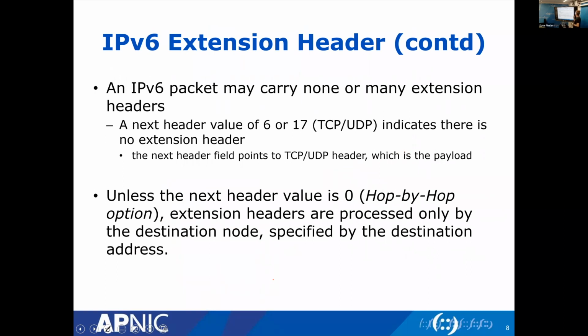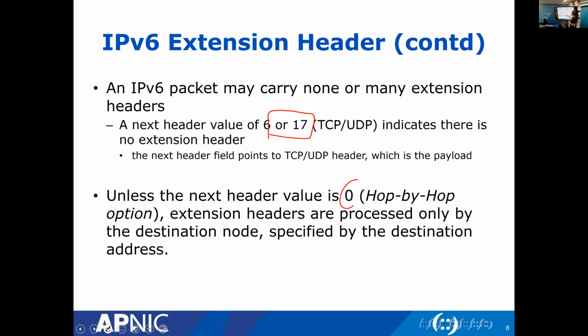So this is an important bit to know. An IPv6 packet may carry none, or it may carry many extension headers. Anytime I see this 6 or 17, it indicates that we don't have any extension headers, and here's my payload.